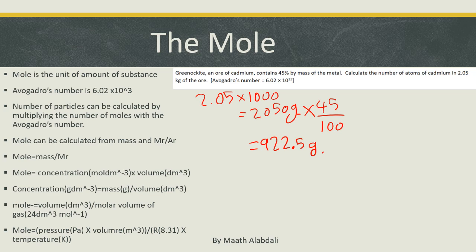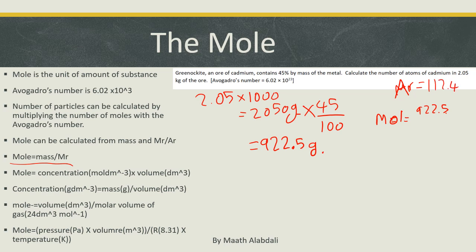And then after that, you know that mole equals mass divided by MR. So mole equals mass, which is 922.5. On the periodic table, cadmium has an AR of 112.4.